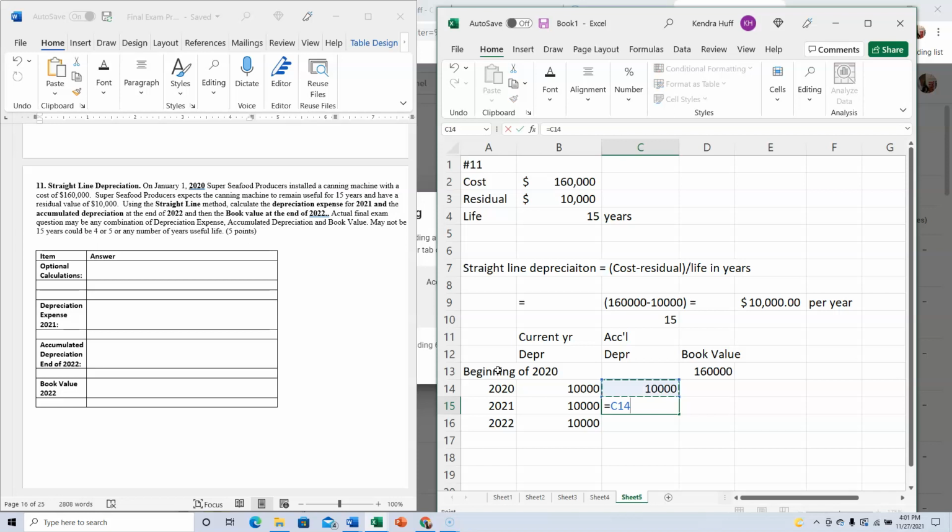Then next year, it's what I had plus the 2021. Then the last one plus 2022, and so on and so forth. And then book value is always cost minus accumulated. And so on and so forth.